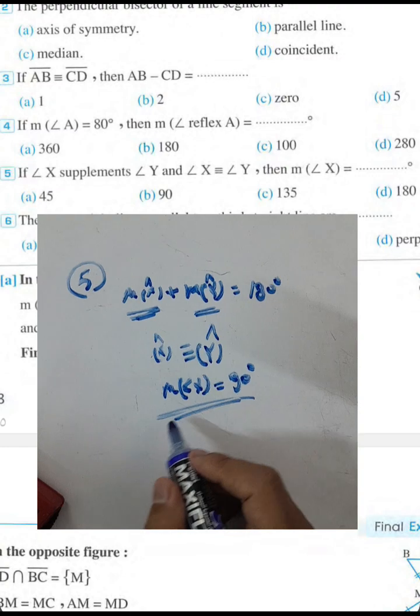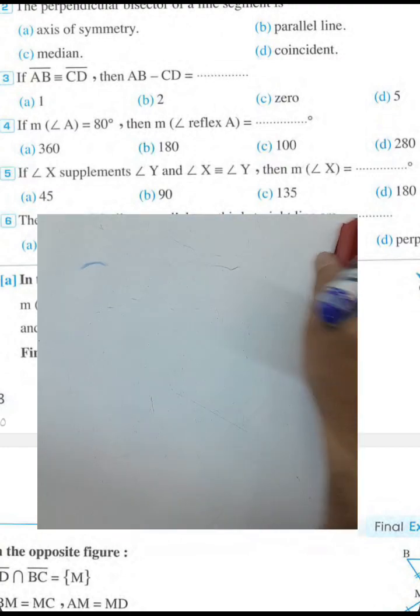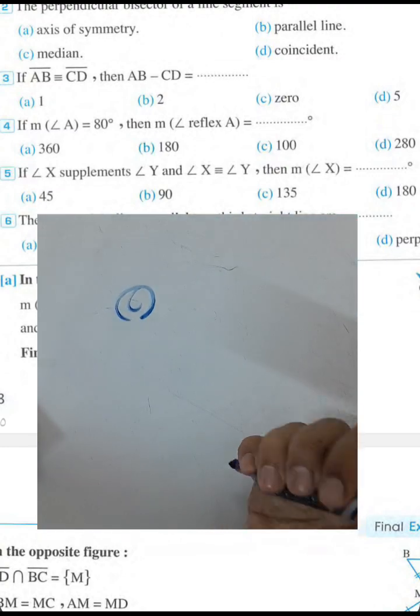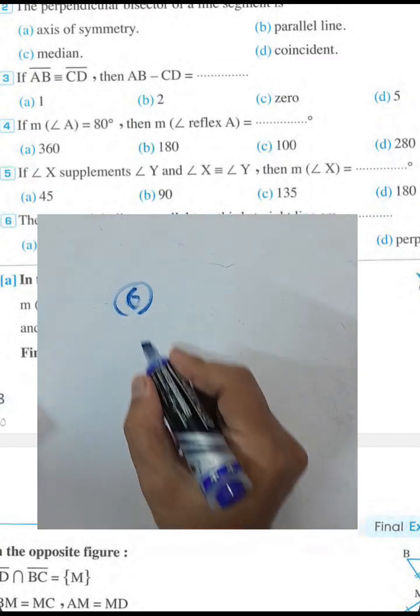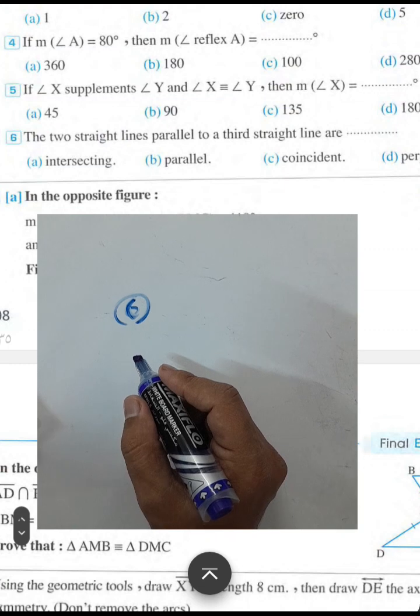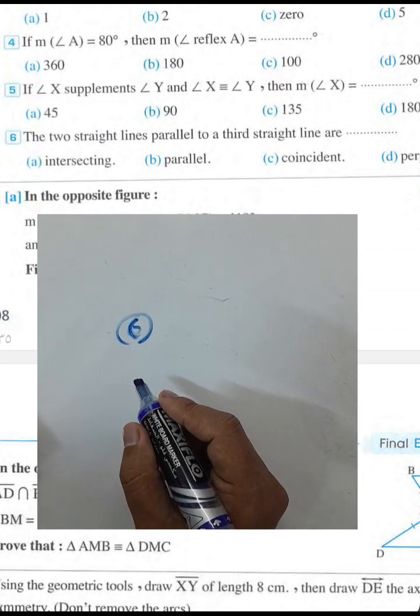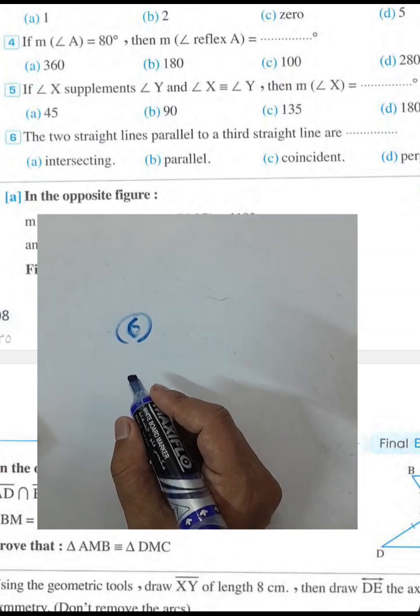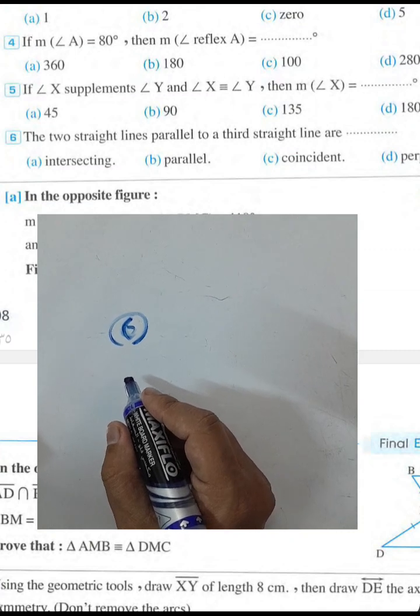Next, question number 6. Two straight lines parallel to a third straight line are parallel.